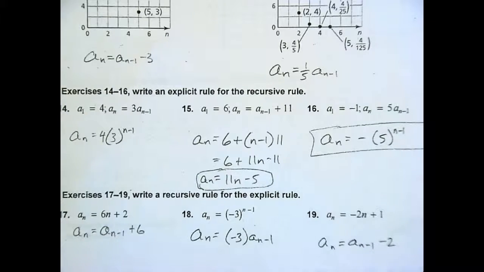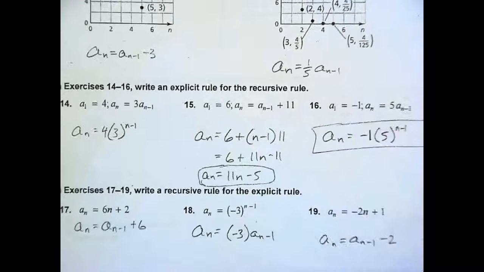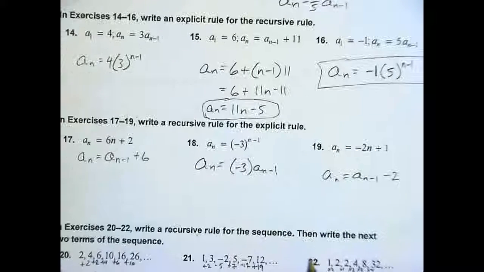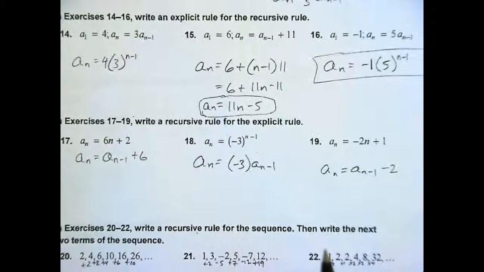Number 16, a sub n is equal to negative, and if you put the 1 there, that's okay, but it's -5 or negative 1 times 5 to the n minus 1 power. Questions on 14 through 16? Number 17, a sub n is equal to a sub n minus 1 plus 6.